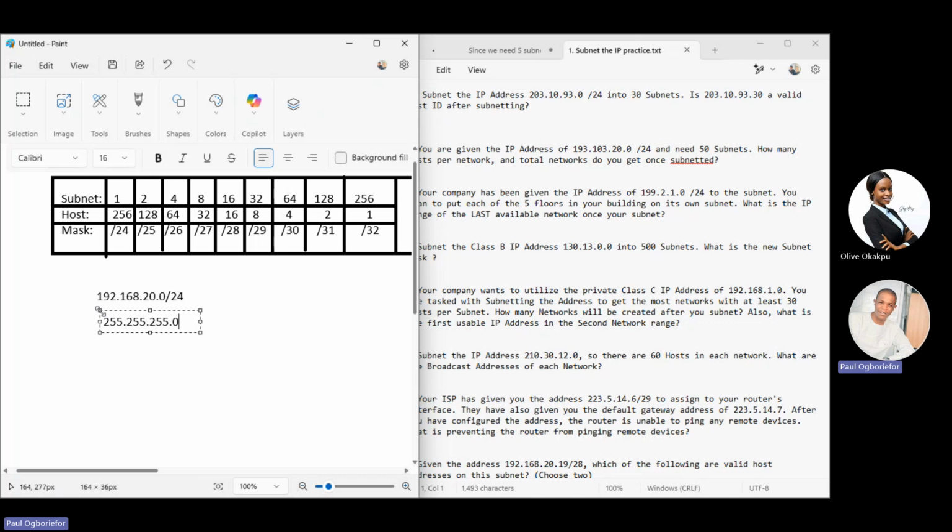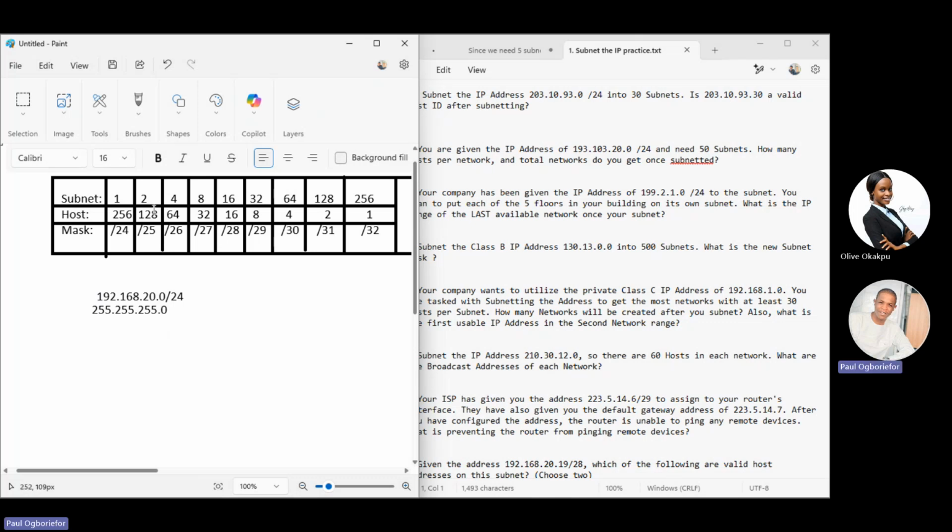All right. Now note that if you are writing this subnet mask, 255.255.255.0, you have to cancel out this /24. So this /24 is just telling you that you have 0 here. Everything is in default.